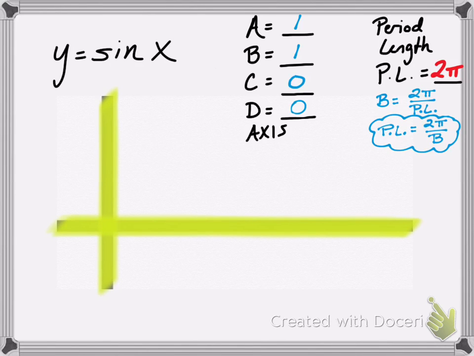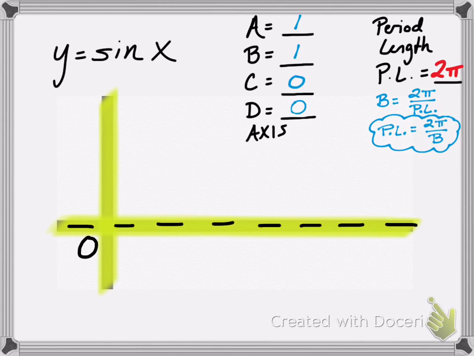The way that I set up the graph is first by using the axis. The axis is the horizontal line that this graph is going to rotate around, and that horizontal line is 0. I make the axis a dotted line because it's not always going to be on the x-axis, and it's an imaginary line that divides the graph in half.